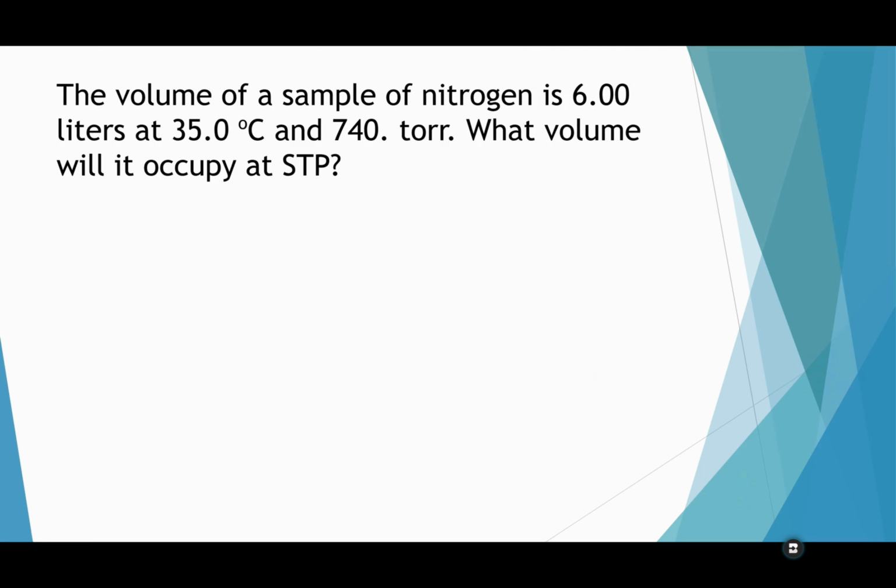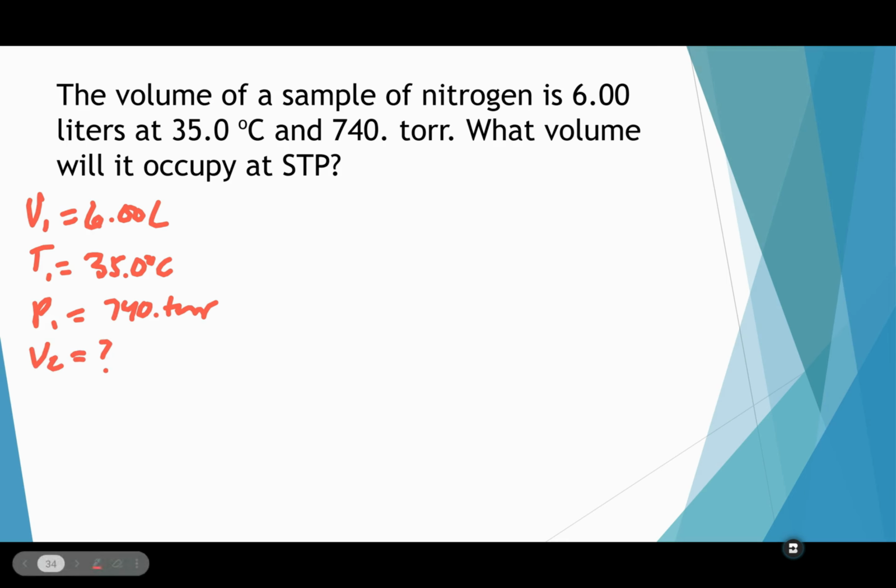The volume of the sample of nitrogen is 6.00 liters. So I have a volume here of 6.00 liters, a temperature of 35.0 degrees Celsius, and a pressure of 740 torr. What volume will this occupy at STP?